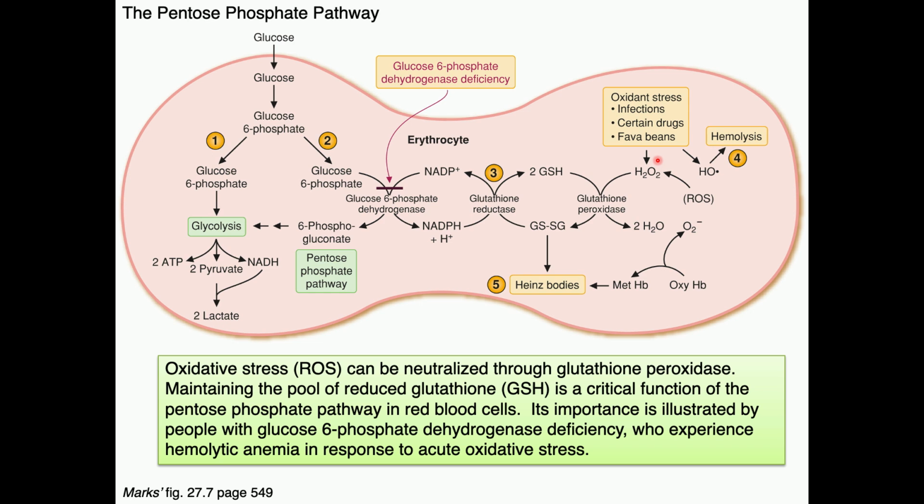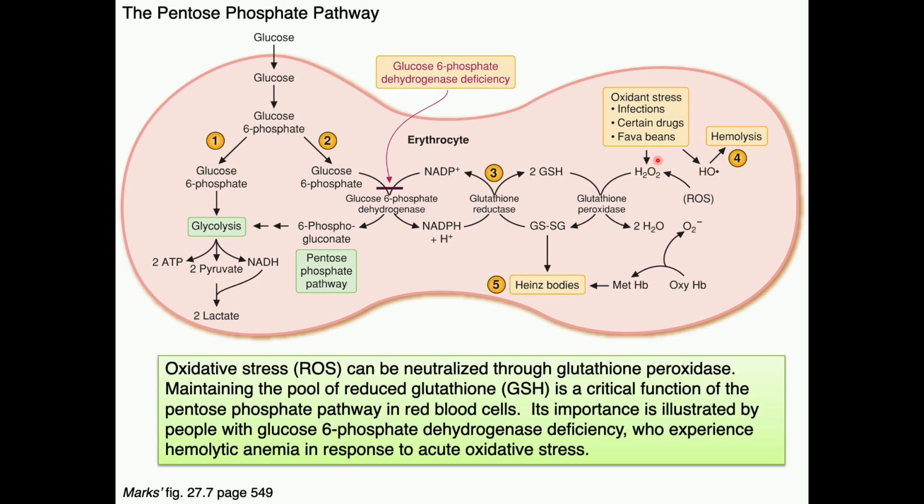Okay, so people with glucose 6-phosphate dehydrogenase deficiency can be quite healthy and have no symptoms until they get exposed to this transient oxidative stress. And in this case, they don't have that reserve capacity of reduced glutathione, and they can't regenerate the reduced glutathione fast enough to deal with this oxidative stress.